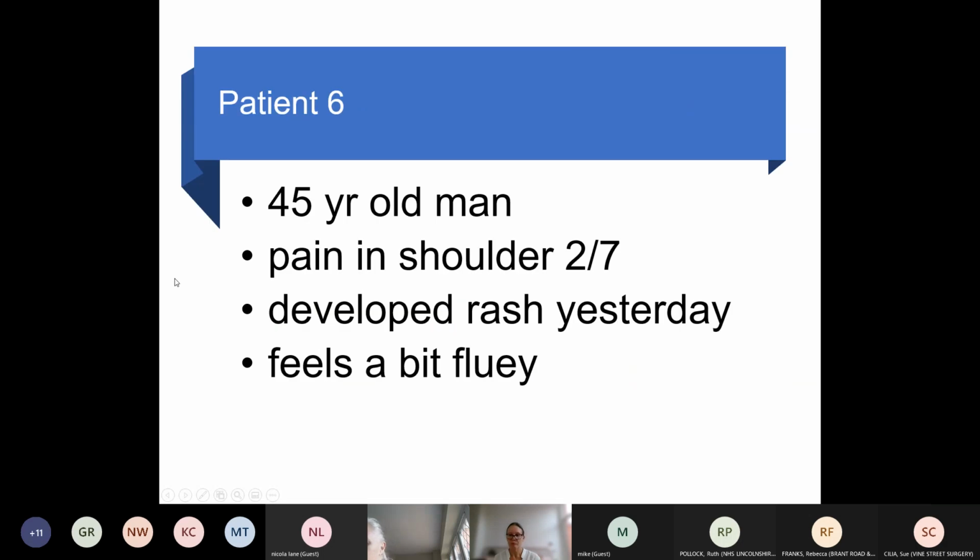So patient 6 will just do, this patient's a 45-year-old man, had a pain in his shoulder area for a couple of days and then developed a rash, feels a bit like he's got flu. Any other questions that you'd like for him?